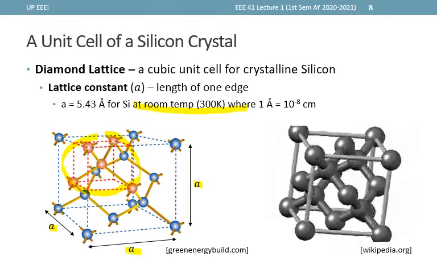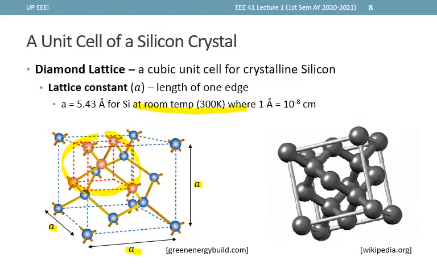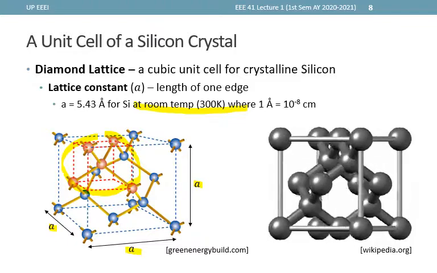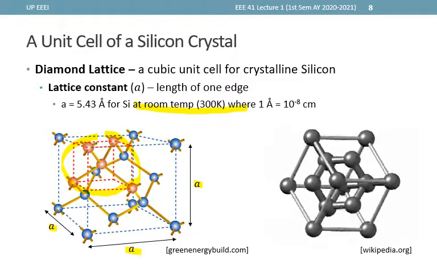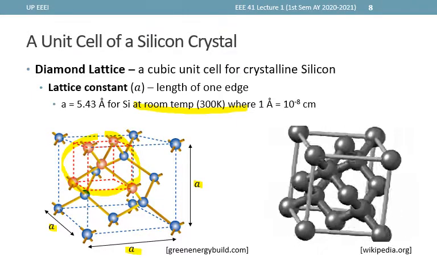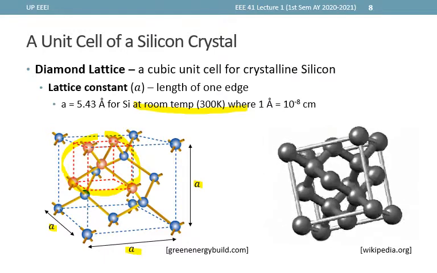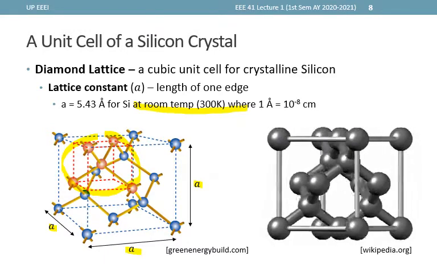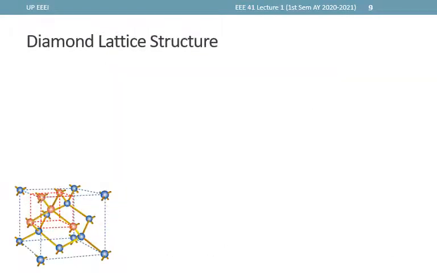We also note that the crystal will look different when viewed from different directions, as shown on the right. So this influences how electrons and atoms interact within the crystal.